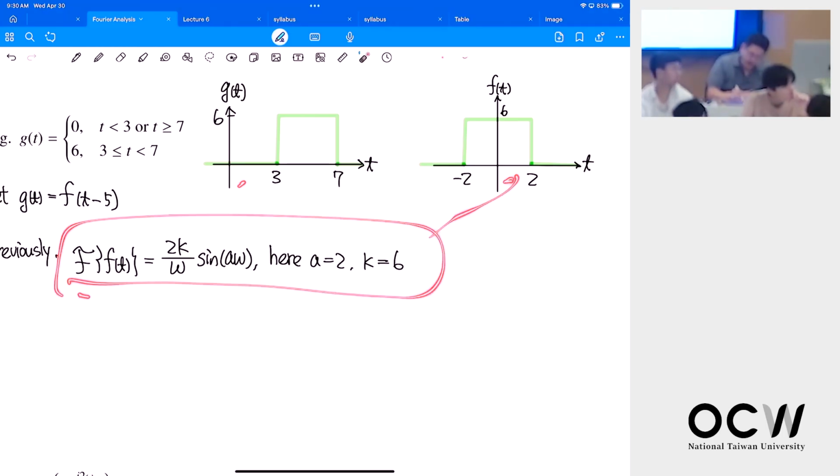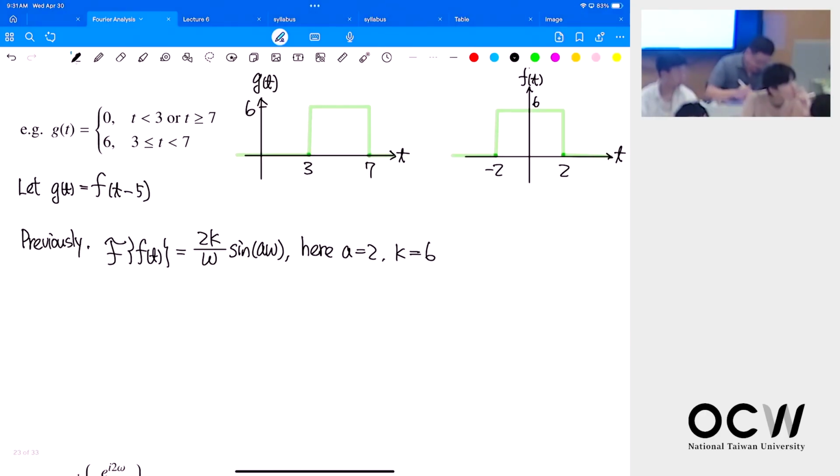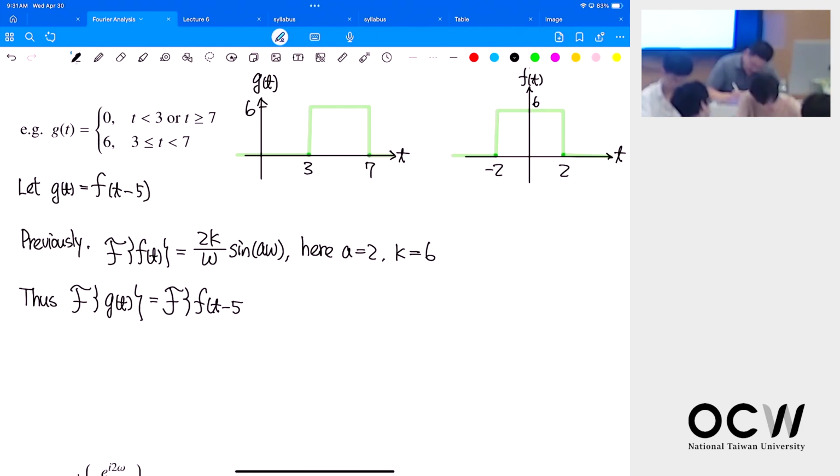And then I shift by 5 to the right. What is the Fourier transform? This is the Fourier transform of your function f shifted to the right by 5 units. We know that if I have a time shift, the magnitude of the Fourier transform is the same, but I have a phase change.